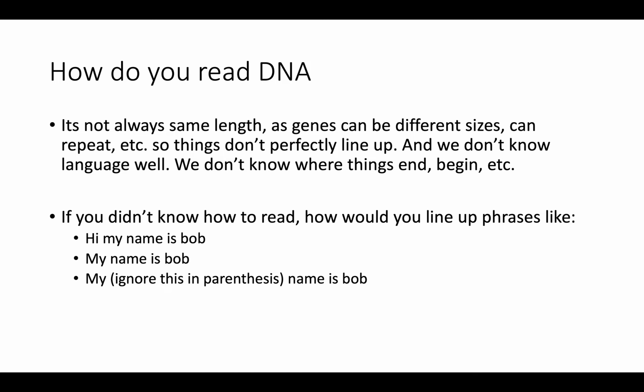Well, if you did not know the language English, you might not know how to do it. But I might have something even more complicated, like my, parentheses, ignore this, close parentheses, name is Bob. How do you line that up? If you did not know what the statement is, you might not know to split between my and name.